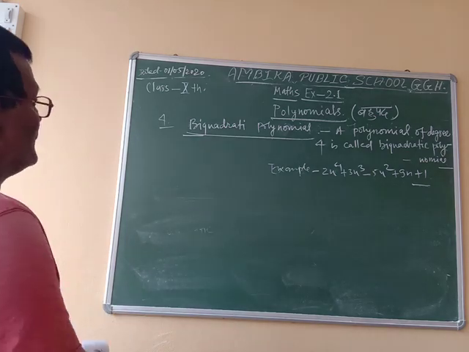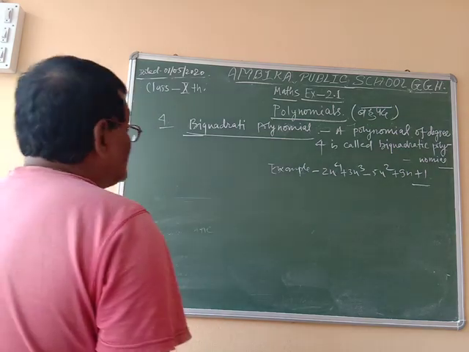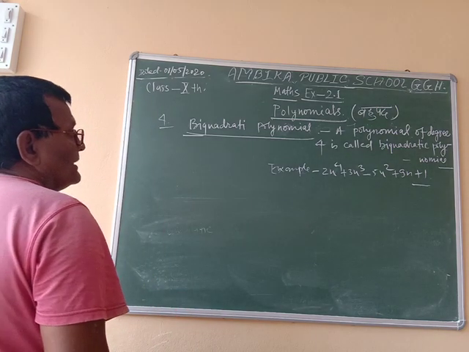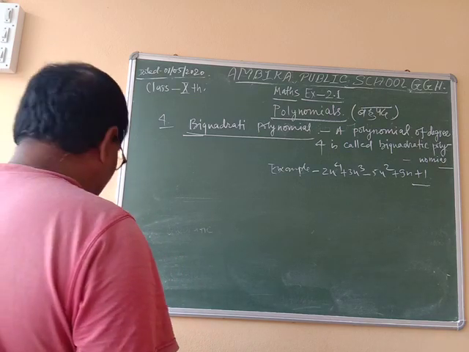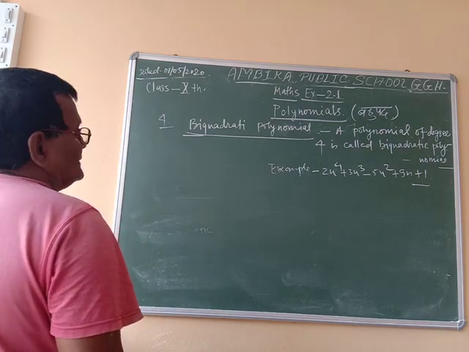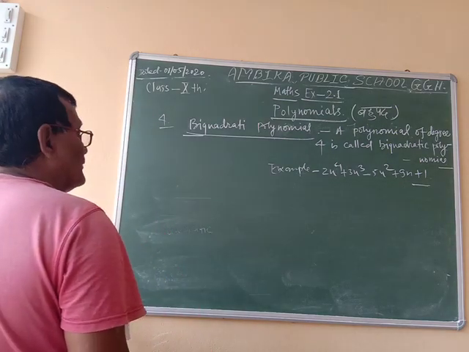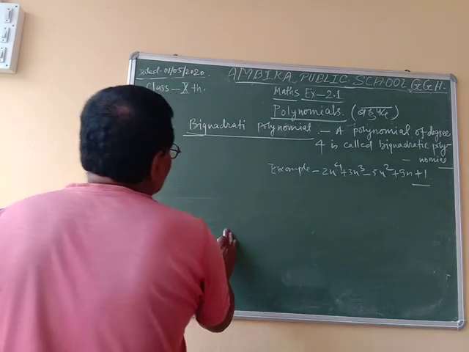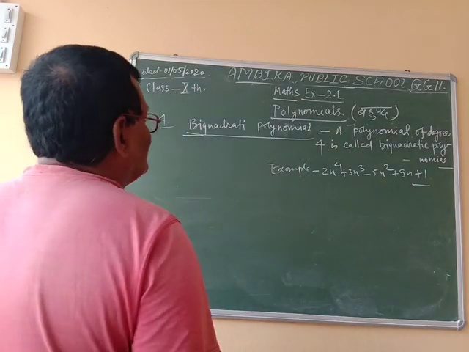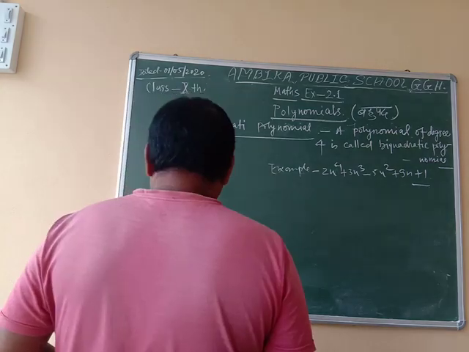An expression of the form P(x) = a0 + a1x + a2x² + a3x³ + ... + an xⁿ, where an is not equal to 0, is called a polynomial in x of degree n.